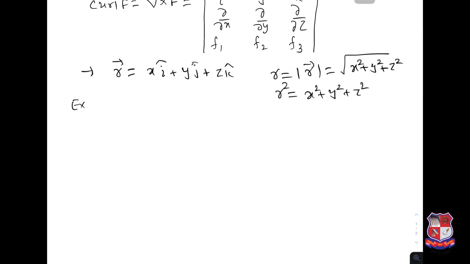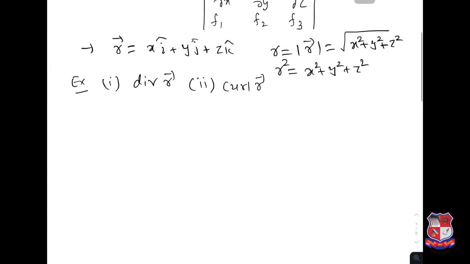So we take one simple example: find the divergence of r and curl of r. So r is xi plus yj plus zk.